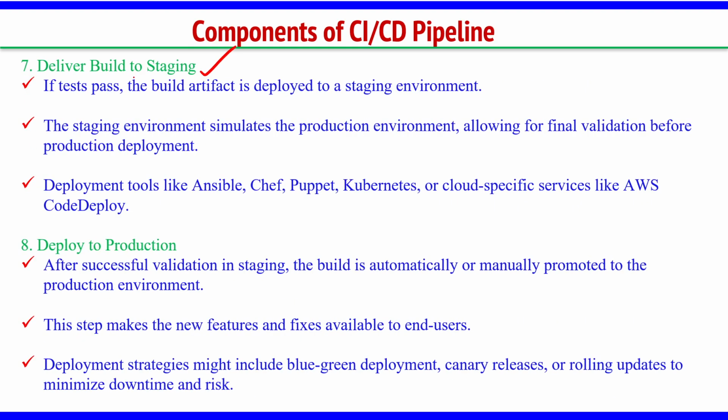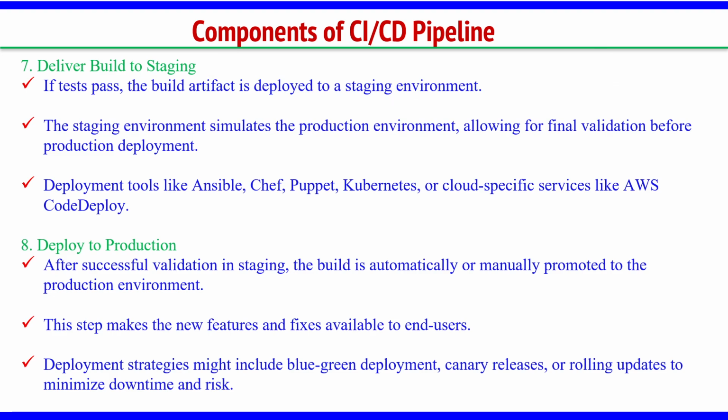Deliver build: the build which you have generated is moved to staging. If the testing passes properly, the build artifact, the archive file, .war, .jar, all those files are deployed to a staging environment.